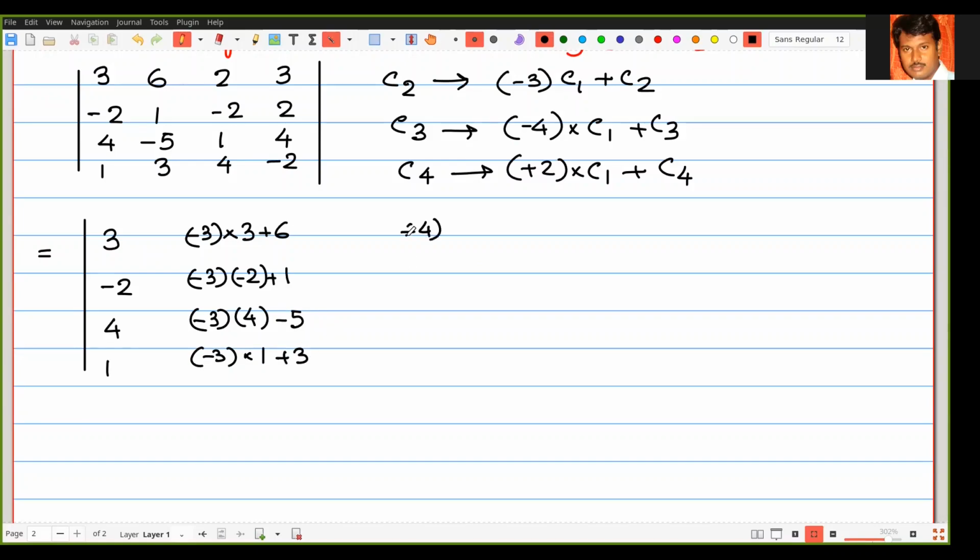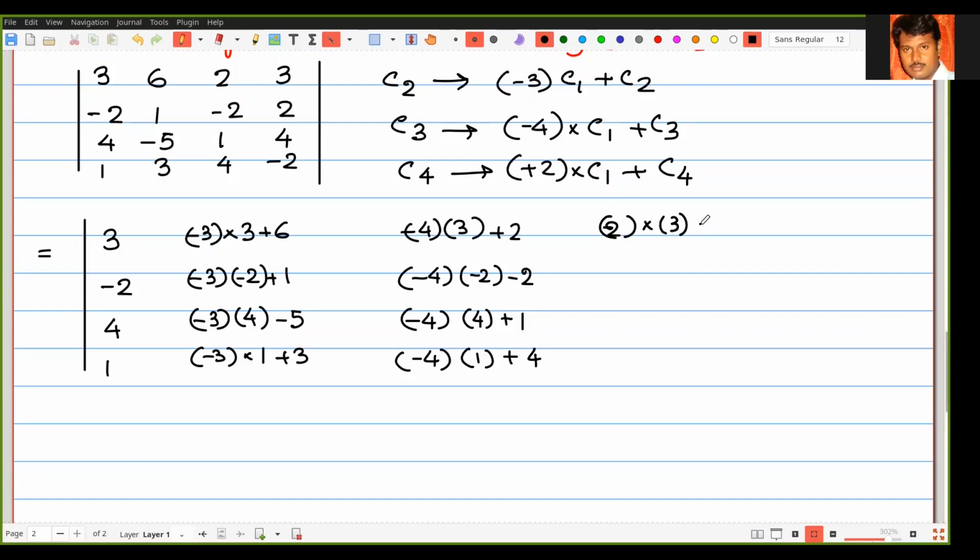Third column: minus 4 into 3 plus 2, minus 4 into minus 2 minus 2, minus 4 into 4 plus 1, and minus 4 into 1 plus 4. For the fourth column, that is 2 into 3 plus 3, 2 into minus 2 plus 2, 2 into 4 plus 4, and 2 into 1 minus 2.